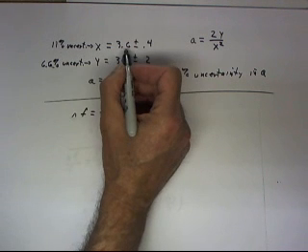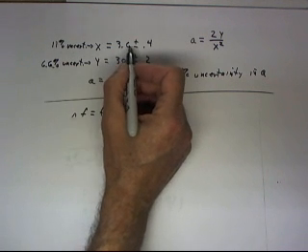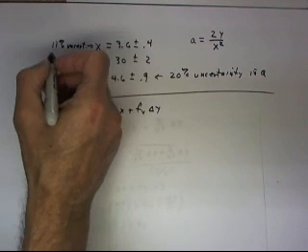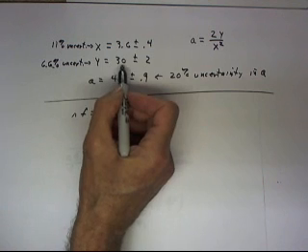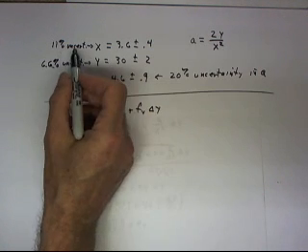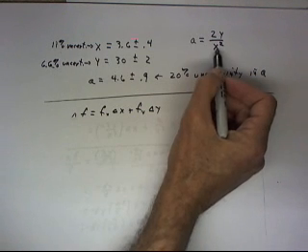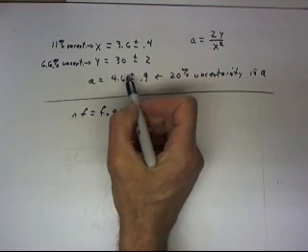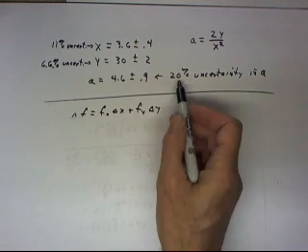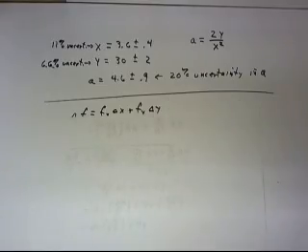Okay, 4 goes into 36 9 times, so this is 1/9. 1/9 is about 11%. So we have about a 7% uncertainty in our value of y and about an 11% uncertainty in our value of x. And according to our analysis, that leads us to a 20% uncertainty in a.